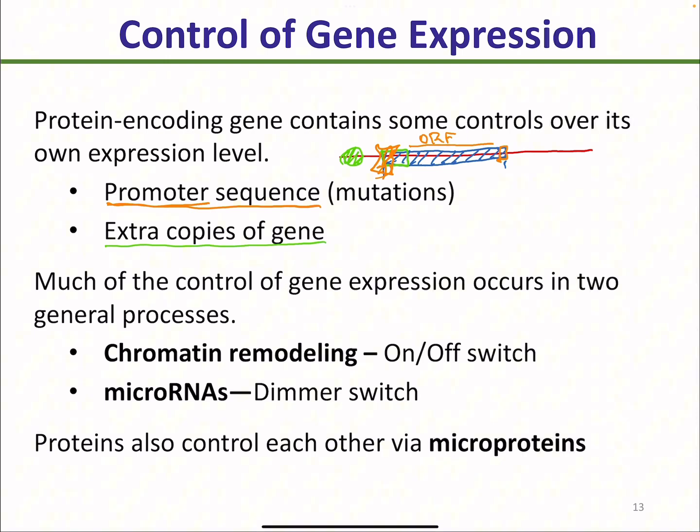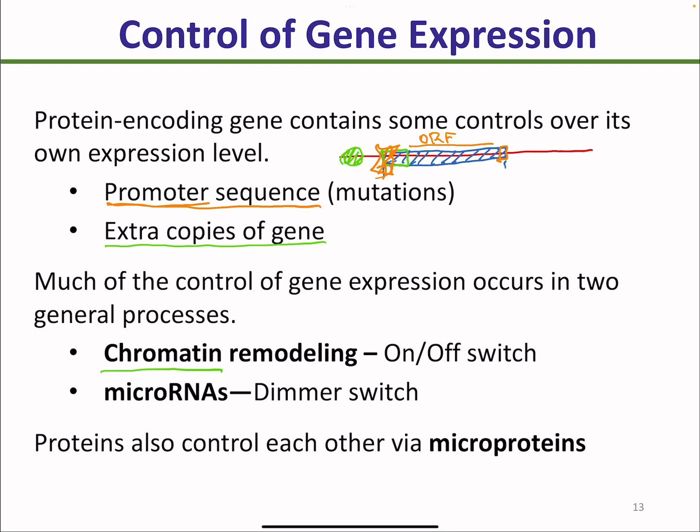In other words, the cell is going to play with the structure of chromatin, what we call chromatin remodeling, that is going to either expose some segments of DNA that need to be expressed or not expose some segments of DNA that do not need to be expressed, so that exposure of DNA or not is going to determine the expression of genes or not.